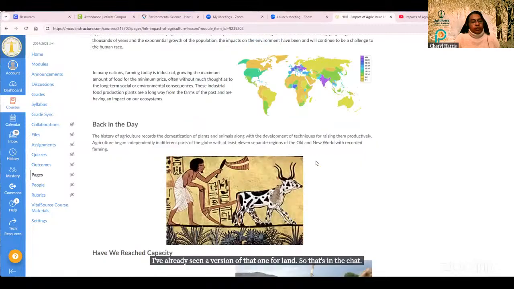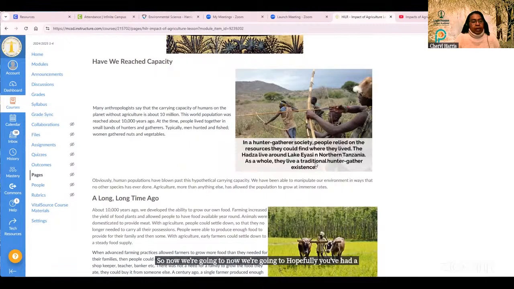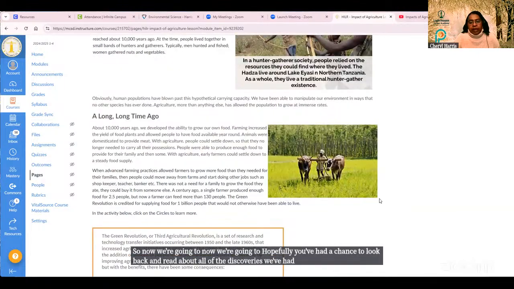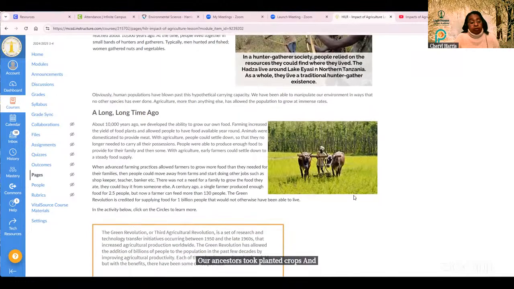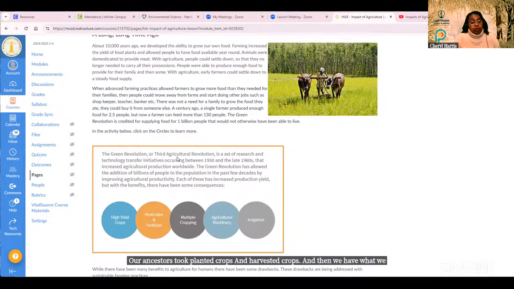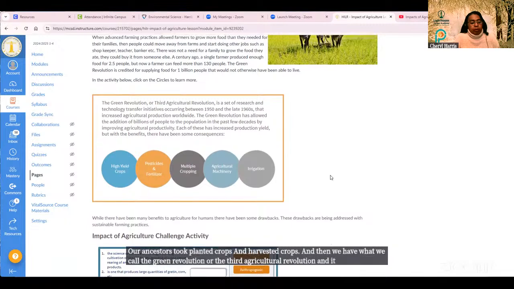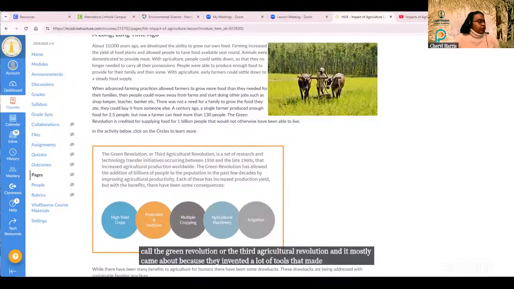So now, hopefully you've had a chance to look back and read about all of the discoveries we've had as far as agriculture is concerned. And we've come a long way from the way our ancestors planted crops and harvested crops. And then we had what we call the Green Revolution, or the third agricultural revolution. And it mostly came about because they invented a lot of tools that made life easier.